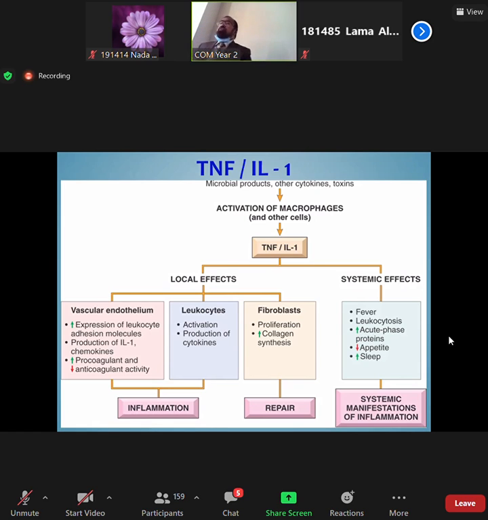It causes fever, leukocytosis, and acute phase proteins. What are the acute phase proteins? There are many, but three are more important. Number one, C-reactive protein. Number two, fibrinogen. And number three, amyloid associated protein. So there are three important proteins.